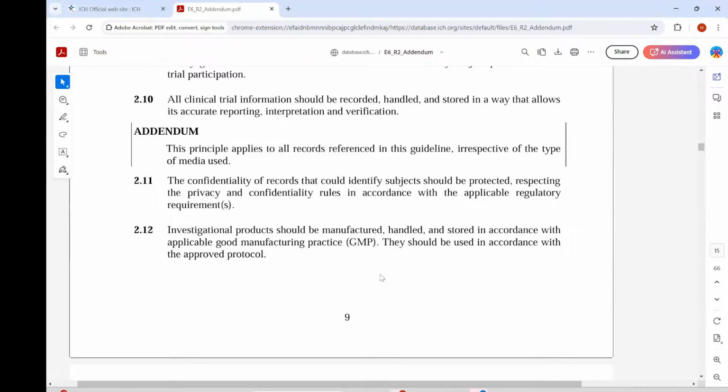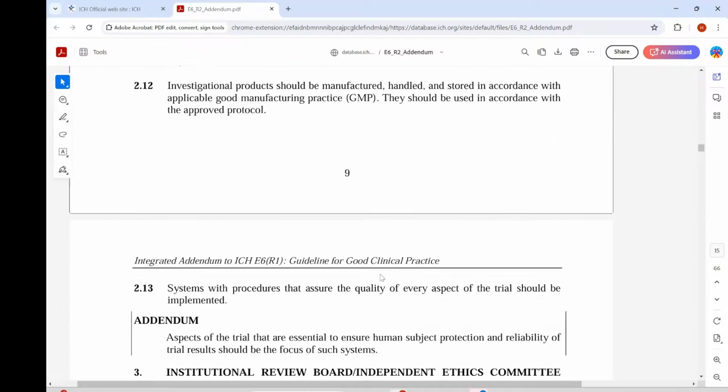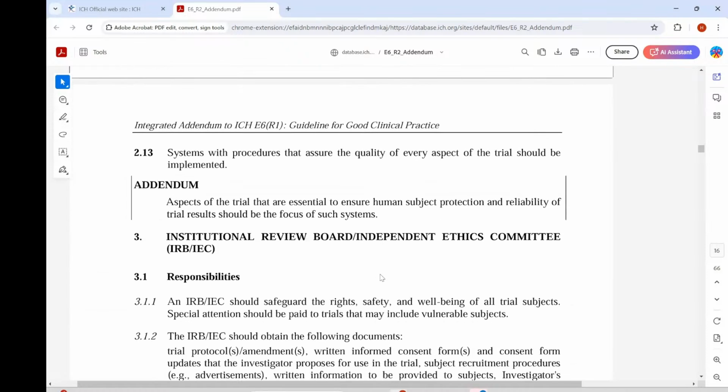So point number 11 says about the confidentiality of the subject. 12 is talking about IP and good manufacturing practice followed for the investigational product. And the systems, whatever systems and procedures we are using, should have the quality of every aspect in the clinical trial.